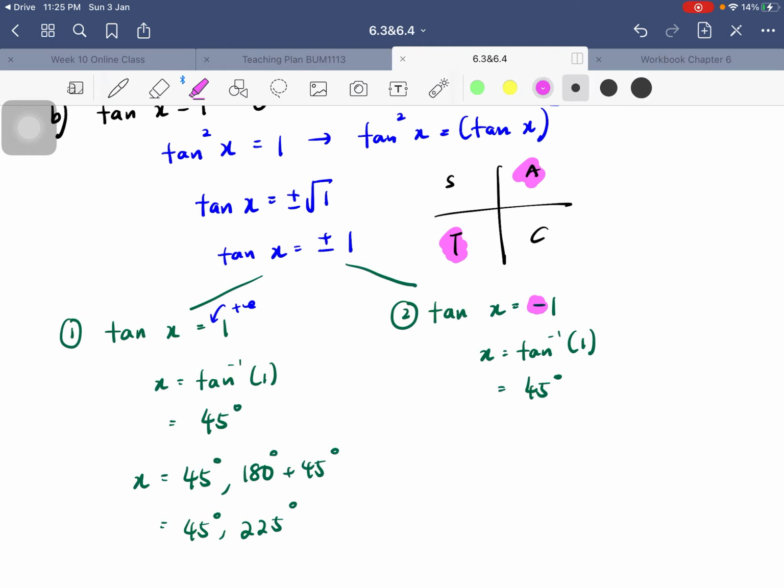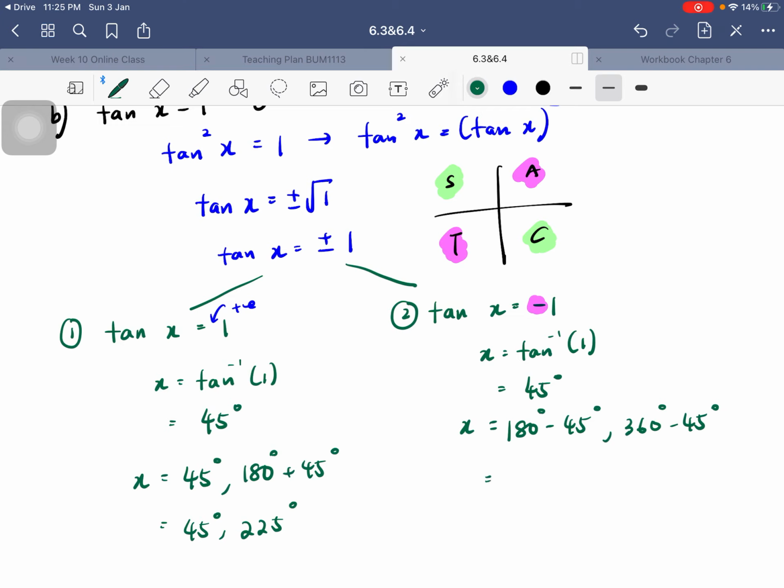But the only thing is that now, these two angles that I'm going to solve are where the tangent is supposed to give you a negative value, which is in the second quadrant and also the fourth quadrant. So where is the position of x in the second quadrant? It's going to be 180 degrees minus 45 degrees, and in the fourth quadrant, it's going to be 360 minus 45 degrees.